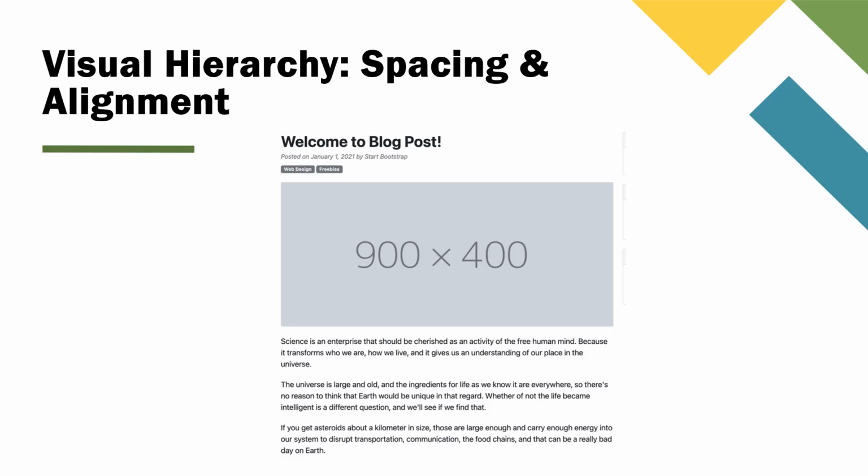An example is a well-designed blog post layout, which places a bold, large title at the top. There may be a smaller subtitle beneath it. Then, of course, the body text is going to be an easy to read font size. And then it would use proper spacing between the paragraphs and the images. Because without hierarchy, everything's going to blend in together and it's going to make it a little harder to read and to scan.